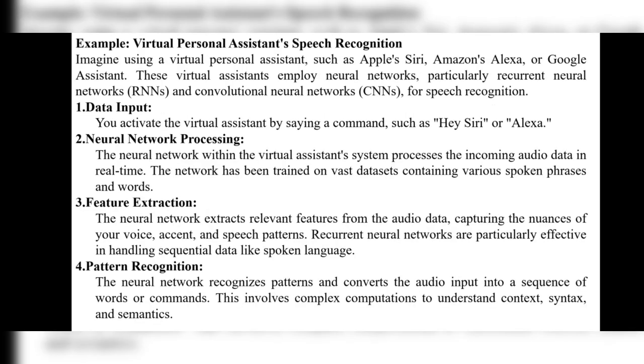Let's see an example for these neural networks. Example, virtual personal assistant speech recognition. In our daily lives we use personal assistants with speech recognition like Apple's Siri, Amazon's Alexa, or Google Assistant. Imagine using a virtual personal assistant such as Apple's Siri, Amazon's Alexa, or Google Assistant.